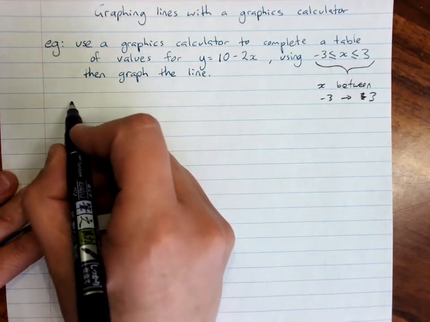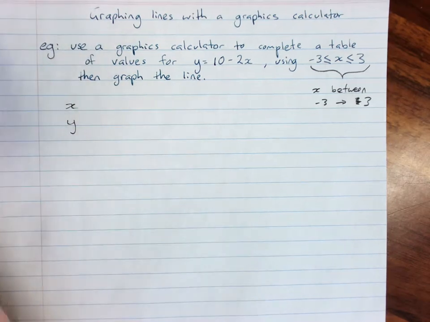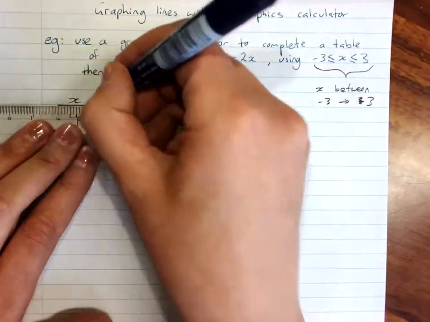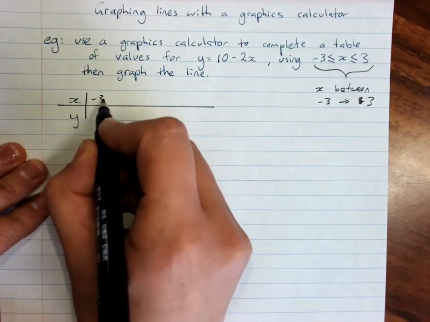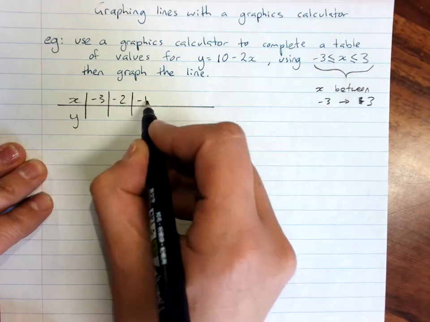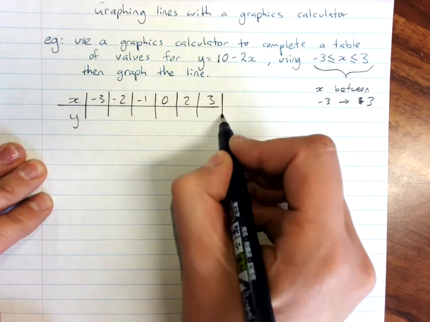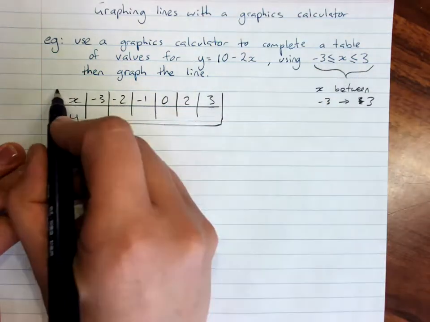So your table of values is going to be x and y, and we would like values -3, -2, all the way up to 3 for x. And that's all that was saying.